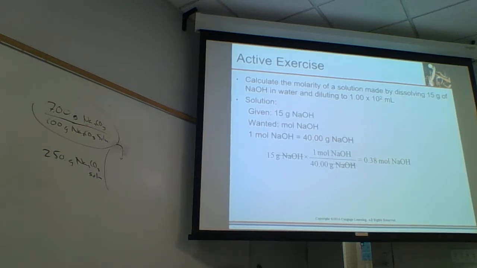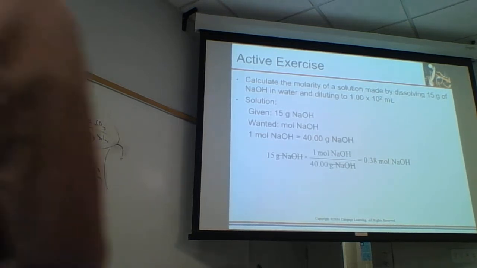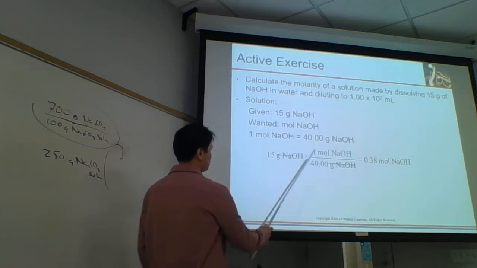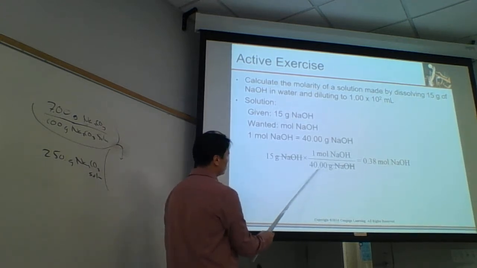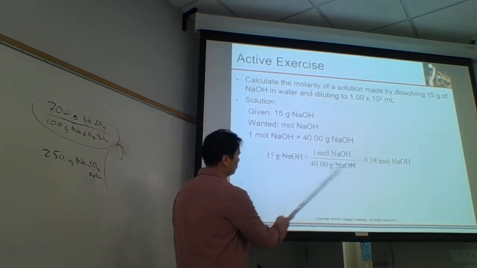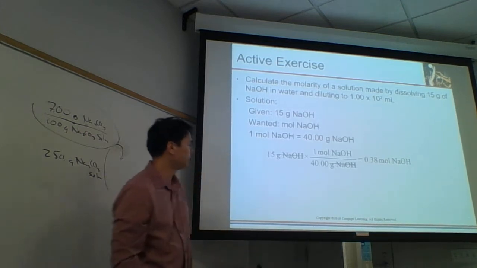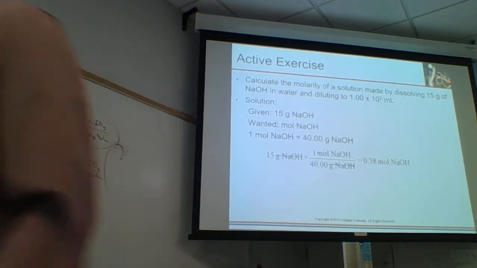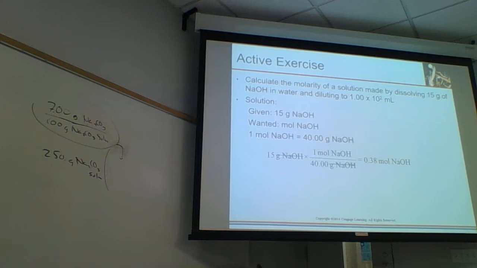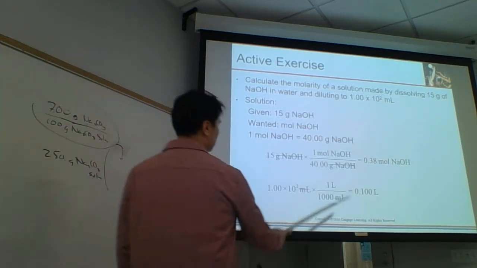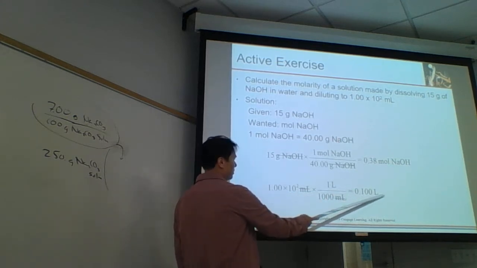The first step is to figure out how many moles of sodium hydroxide. The molar mass of sodium hydroxide is 40.00. So 15 divided by 40 gives us 0.38 moles of sodium hydroxide. And then we're going to divide by the liters of solution. Well, 100 milliliters is 0.100 liters. So we'll just take the moles divided by the liters of sodium hydroxide solution.